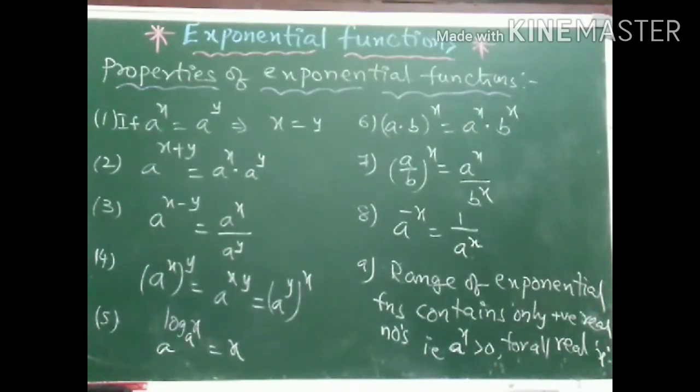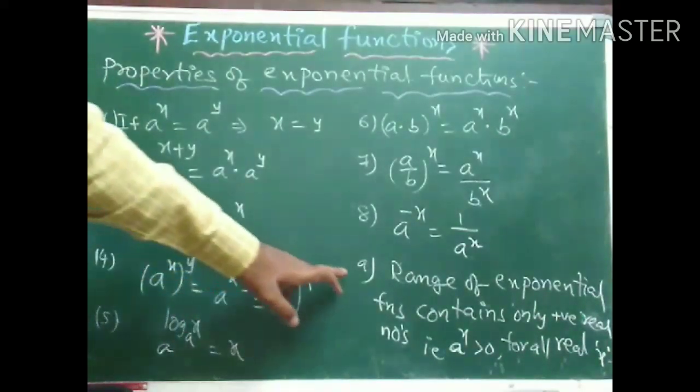When x is equal to 2, we got the output as 4. Similarly, even when we considered x negative, we got a to the power of minus 1, which is 1 by a, a to the power of minus 2, which is 1 by a square, isn't it? So finally the outcomes are strictly positive.